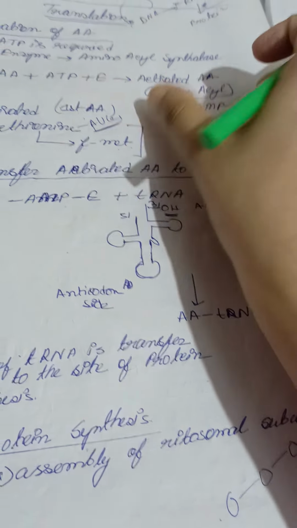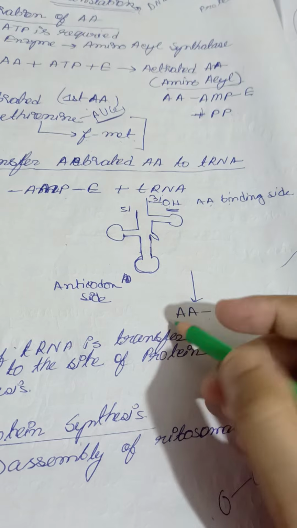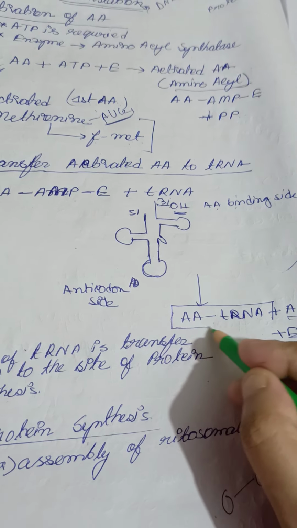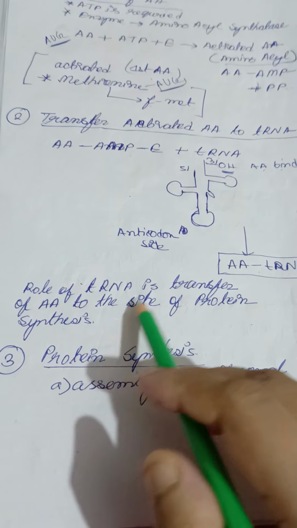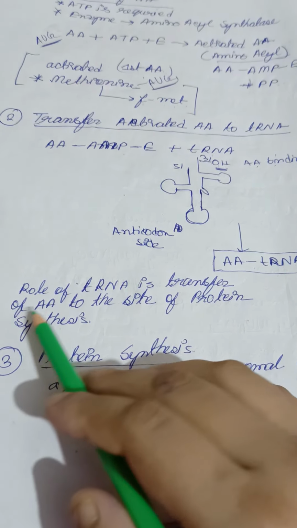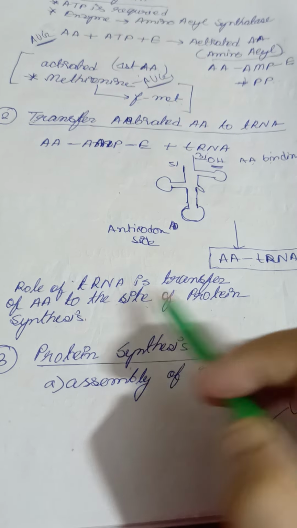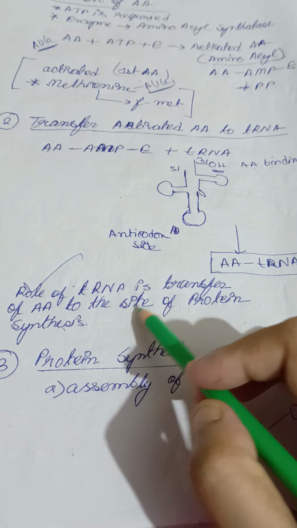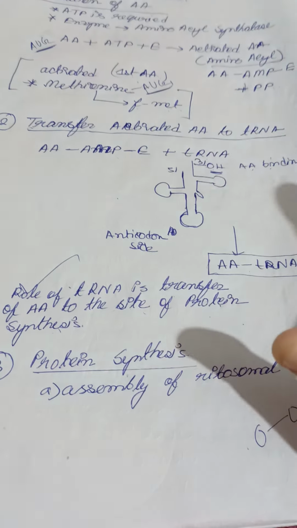They are not together, they are now separated. So the amino acid binds with tRNA. So the role of tRNA is transfer of amino acid to the site of protein synthesis. So what is the role of tRNA? It is a transfer of amino acid to the site of protein synthesis.